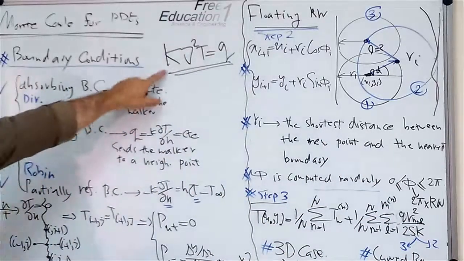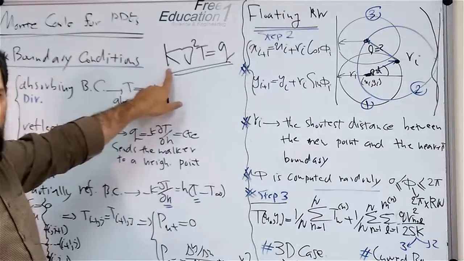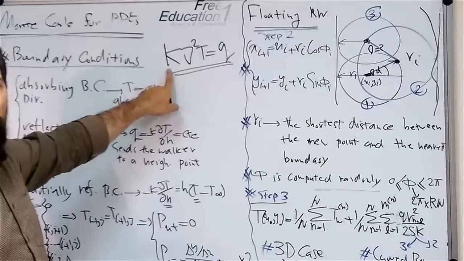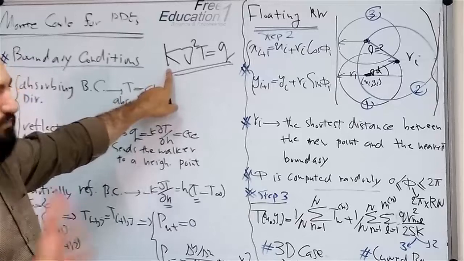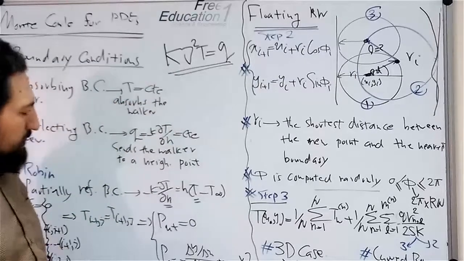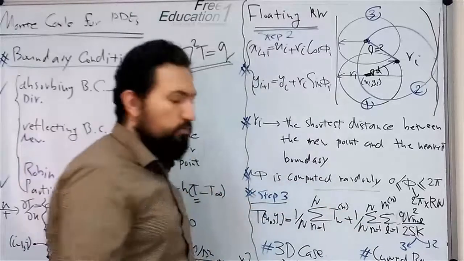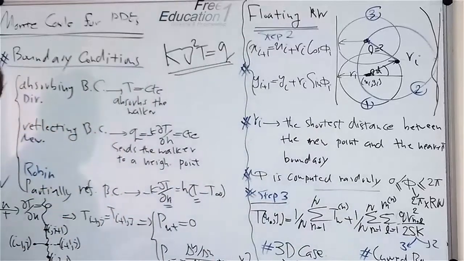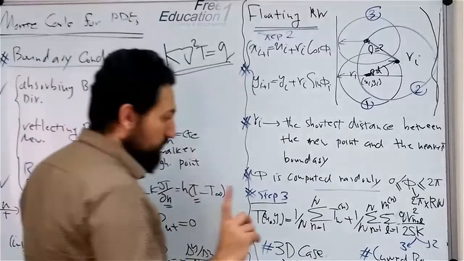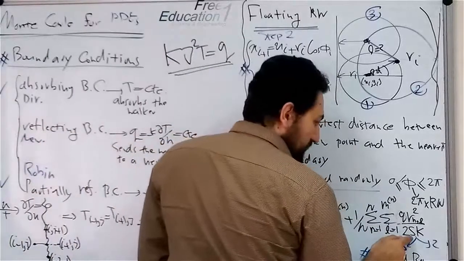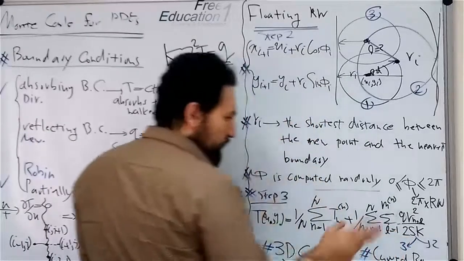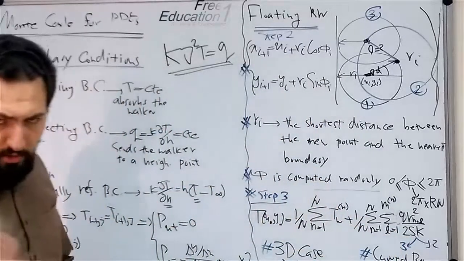And k is the coefficient of the equation, or the thermal conductivity in heat transfer. So this step is for both two-dimensional and three-dimensional cases. You just have to change this constant in the denominator to 2 or 3 for two-dimensional or three-dimensional cases.